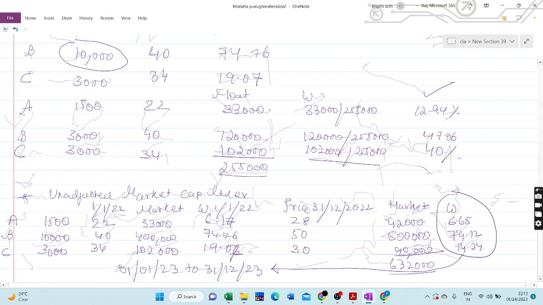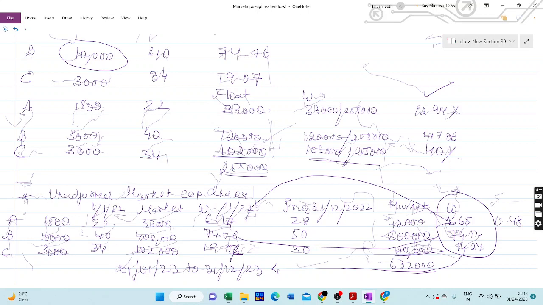But the most important thing that we need to see is that weight of stock A has increased from 6.17 to 6.65. Right? So the increase in percentage term is how much? 0.48. Weight of stock B has increased from 74.76 to 79.12, which is how much?